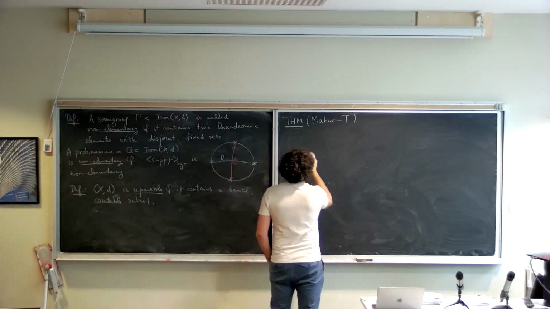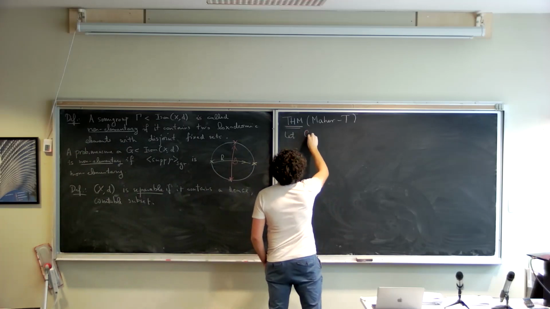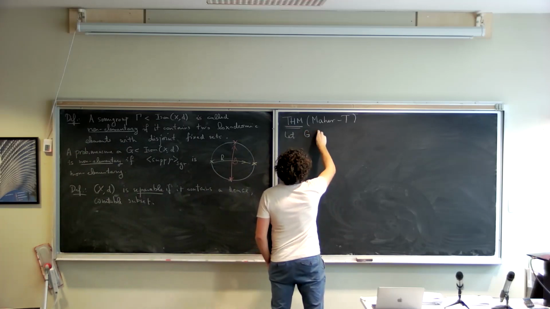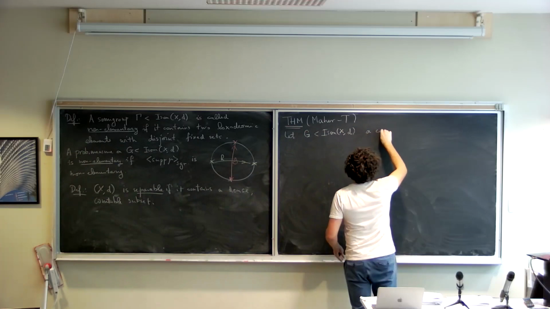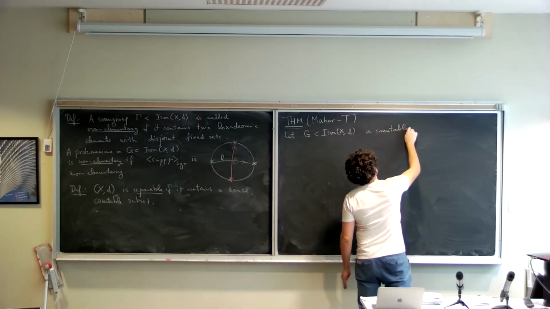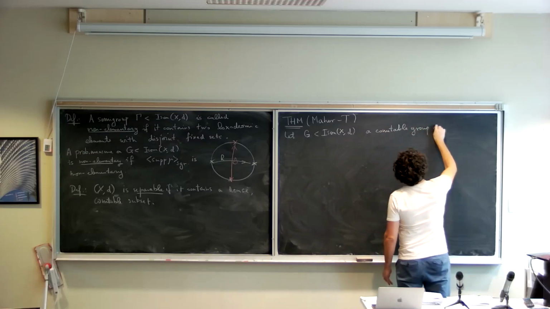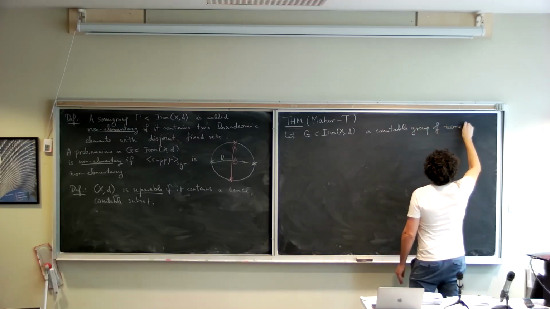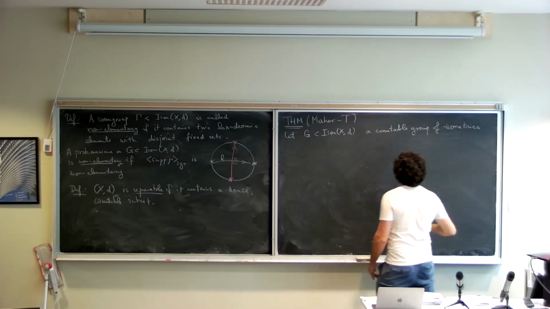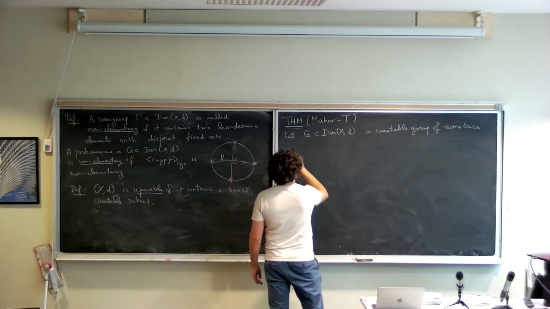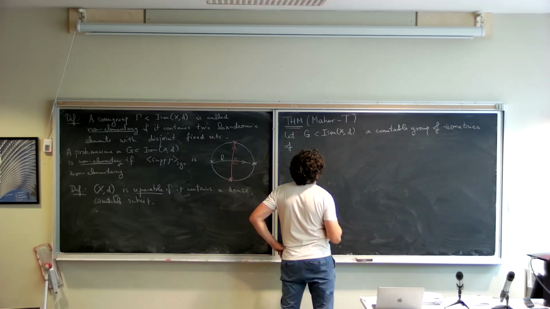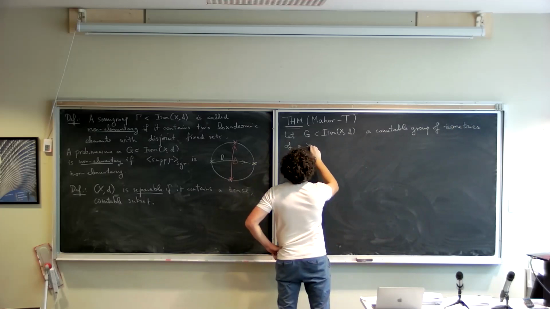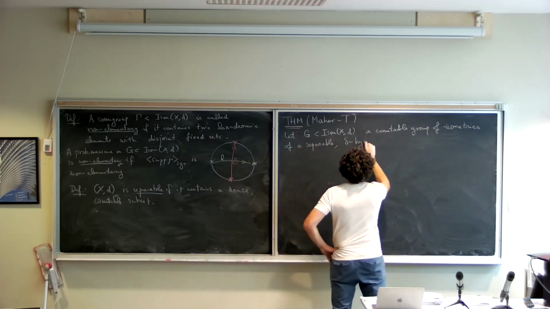So okay, so let G be a countable group of isometries of a separable delta hyperbolic metric space.